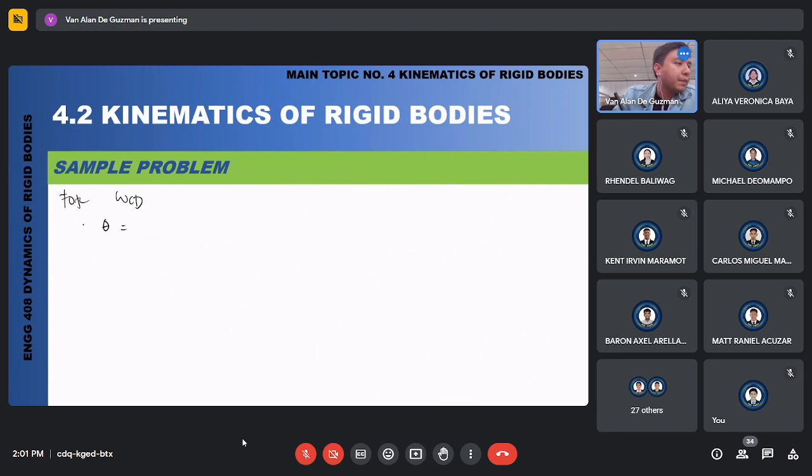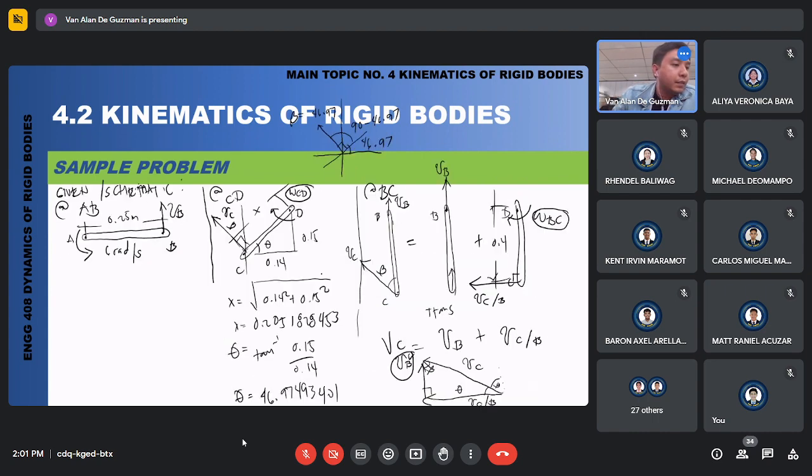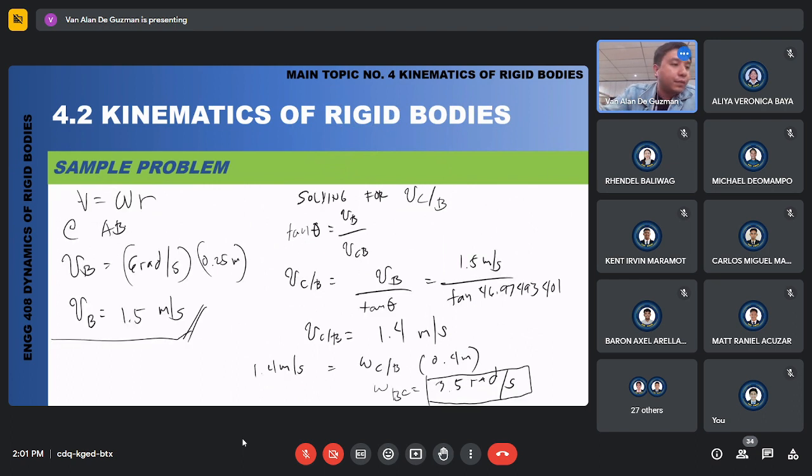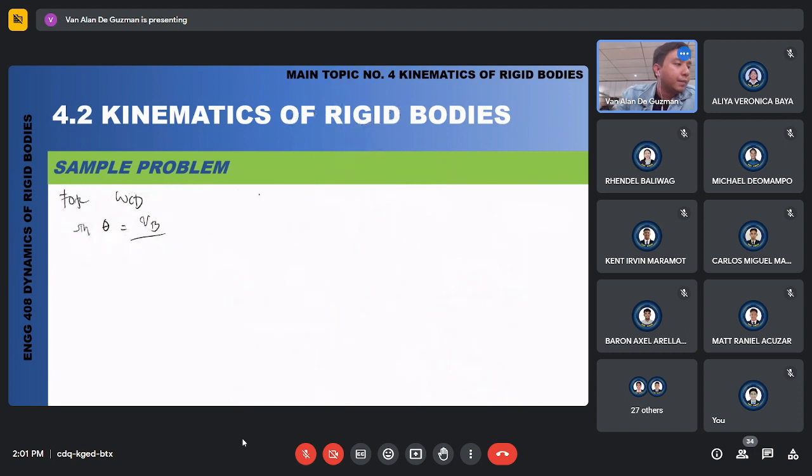Tama ba? Opposite, hypotenuse. So, we have V sub B, then we have V sub C. Am I right?